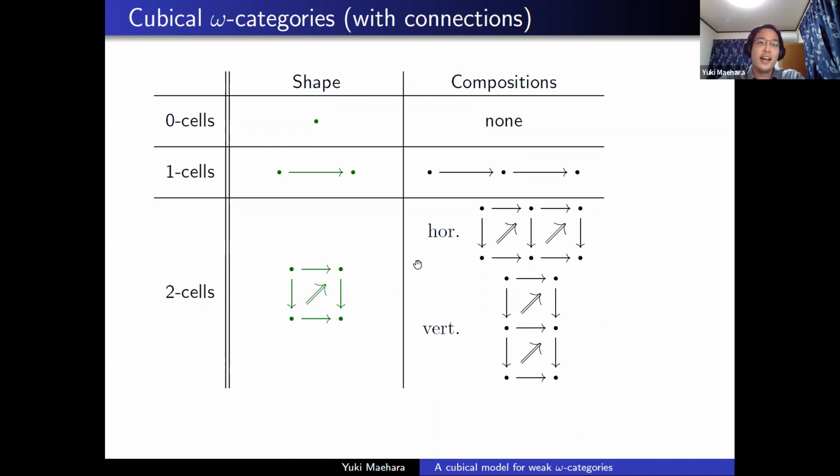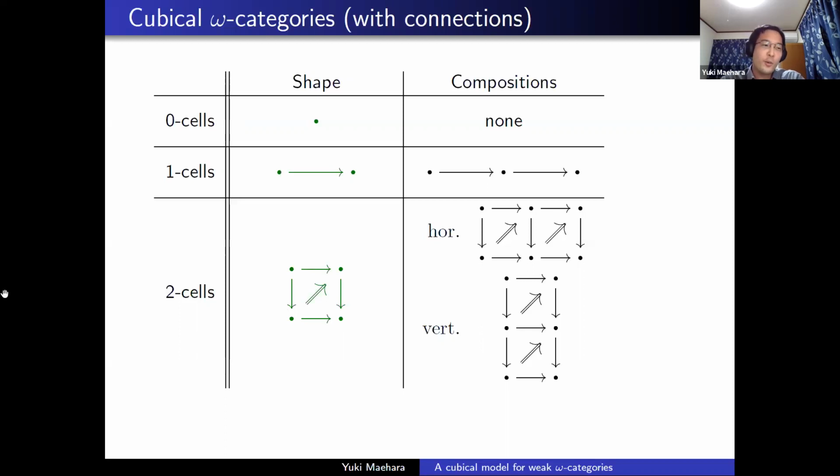But in this setting, we only have one set of one cells. So although in this picture we have two arrows pointing to the right and two arrows pointing down, all of these one cells come from the same set of one cells.